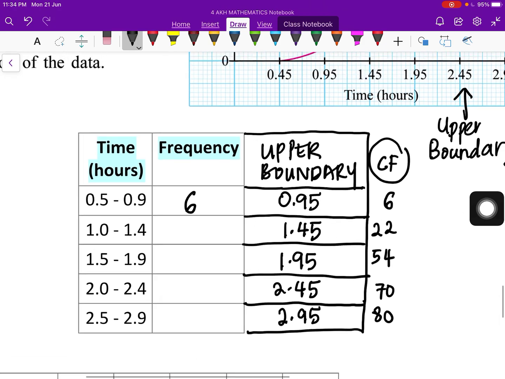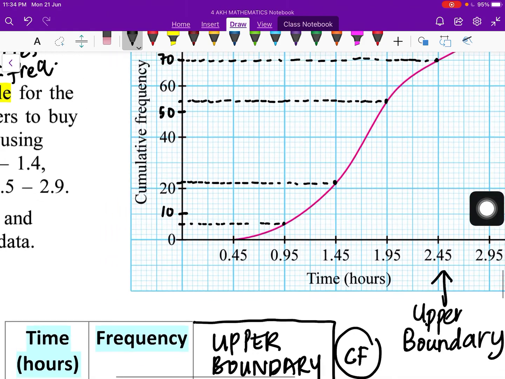So the second one, kalau 22 ni, kamu tengok sini kita punya 22. Untuk kelas yang kedua, which is di antara 0.95 to 1.45, dia refer kepada garisan ini saja. So garisan ini is practically kita punya frekuensi di sini. Bila frekuensi kat sini, saya akan ambil 22, sebab 22 is from 0 to 22.